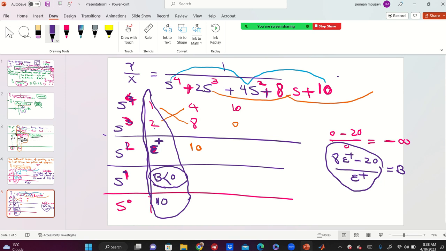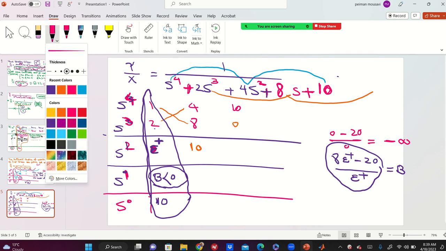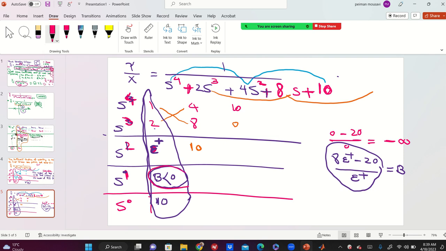Right? System is stable? What? Guys, you don't see? Yeah, it is unstable.